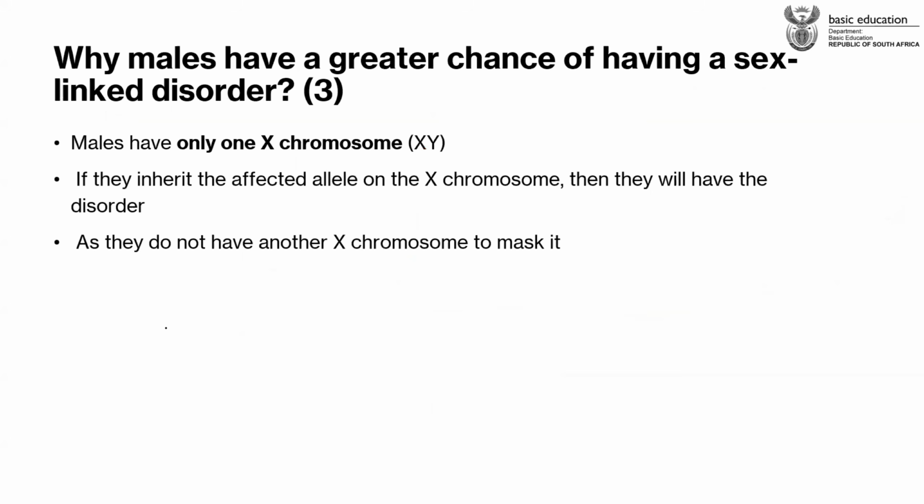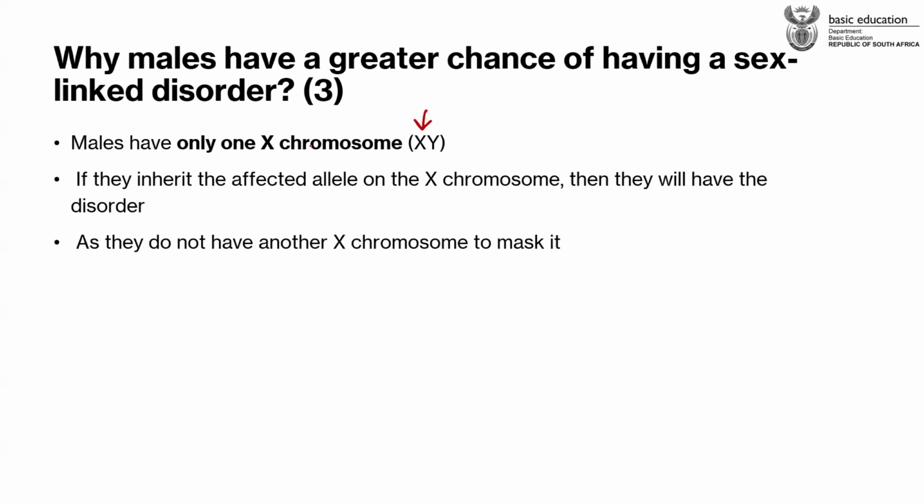Here's what we're talking about. Why males? Males have a greater chance of having sex-linked disorders than females. So males always have greater chances in all scenarios of having sex-linked disorders. Why is that? Males have only one X chromosome, guys. And we've already told you that the alleles for sex-linked disorders are found on the X chromosome.